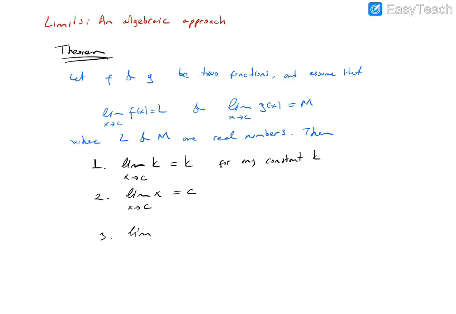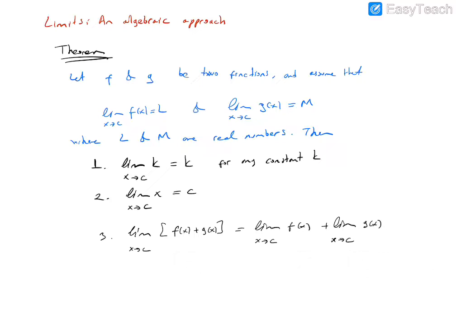limit of the summation of f of x plus g of x as x approaches c equals limit of f of x as x approaches c plus limit of g of x as x approaches c.